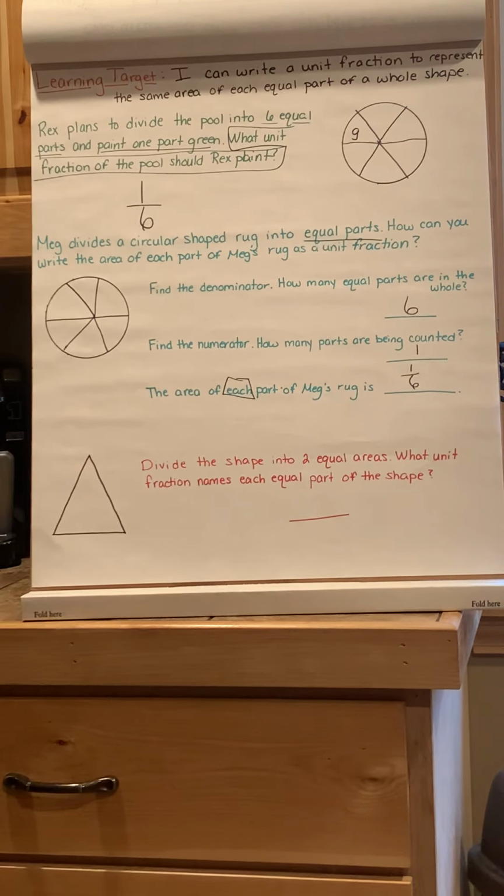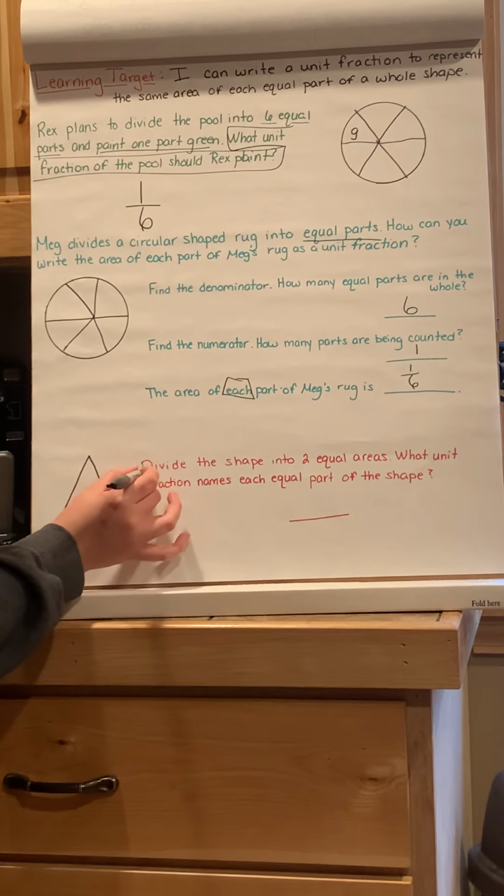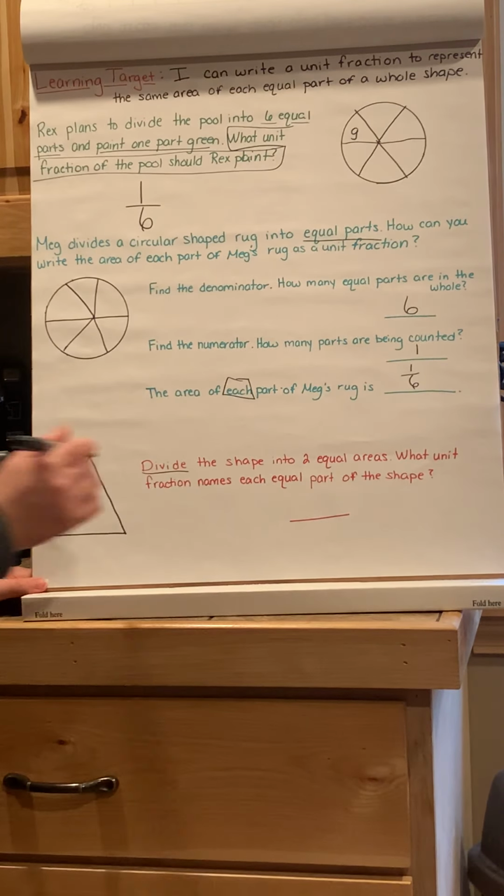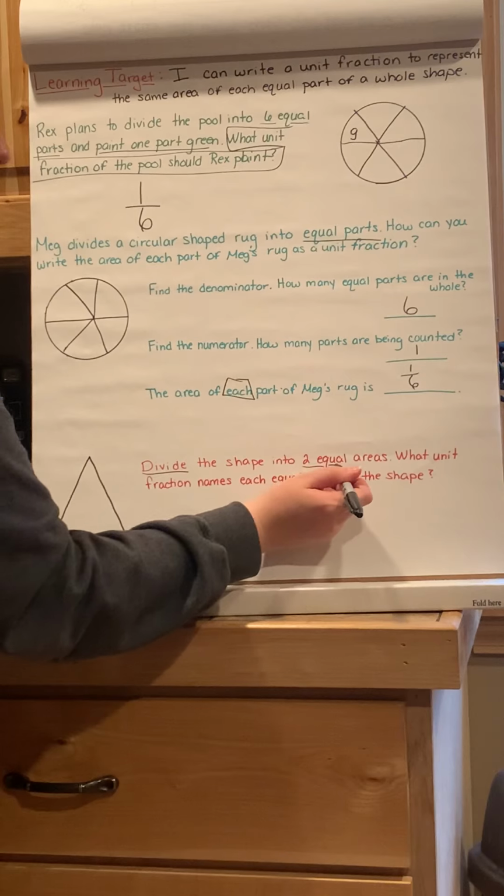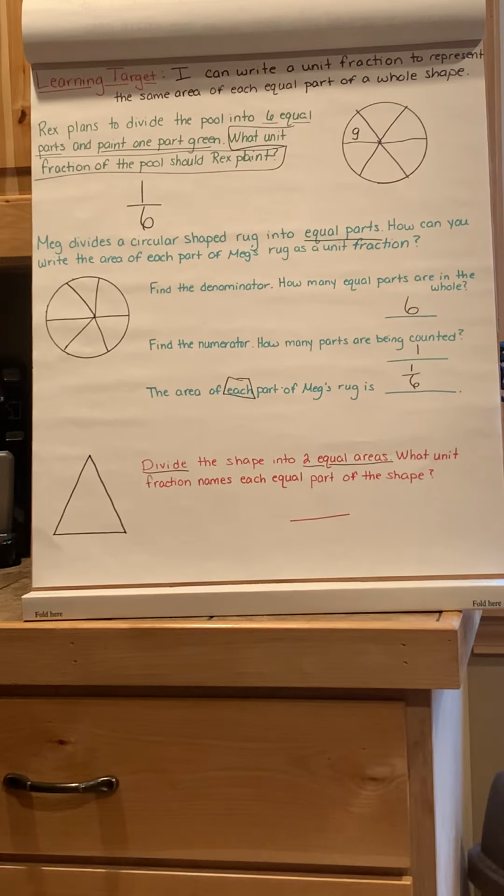Lastly, we're switching it up. We're going to use a triangle for this one. They want me to divide the shape into 2 equal areas. What unit fraction names each equal part of the shape? So let's just reread that. Make sure we're getting all that important information. Divide the shape into 2 equal areas.